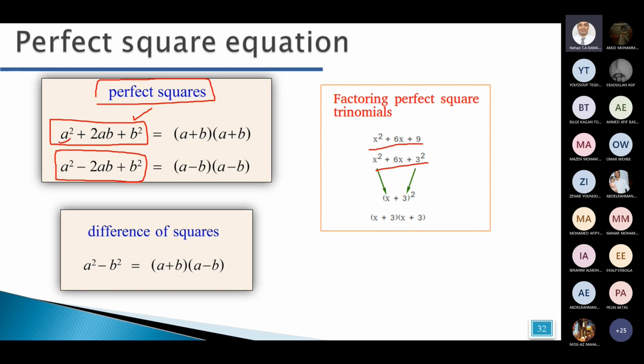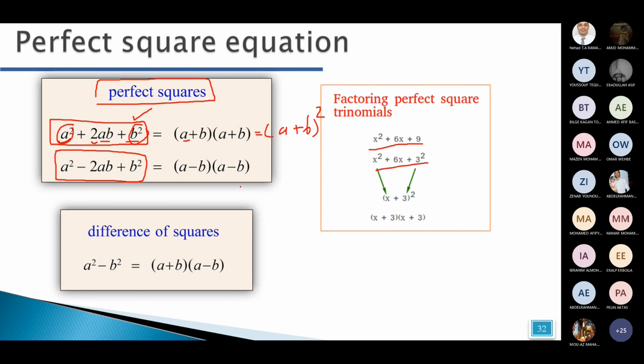Actually, this is A plus B, because as you can see here, A square, B square, and A multiplied by B multiplied by 2. This means we have A plus B multiplied by A plus B, which is A plus B squared.